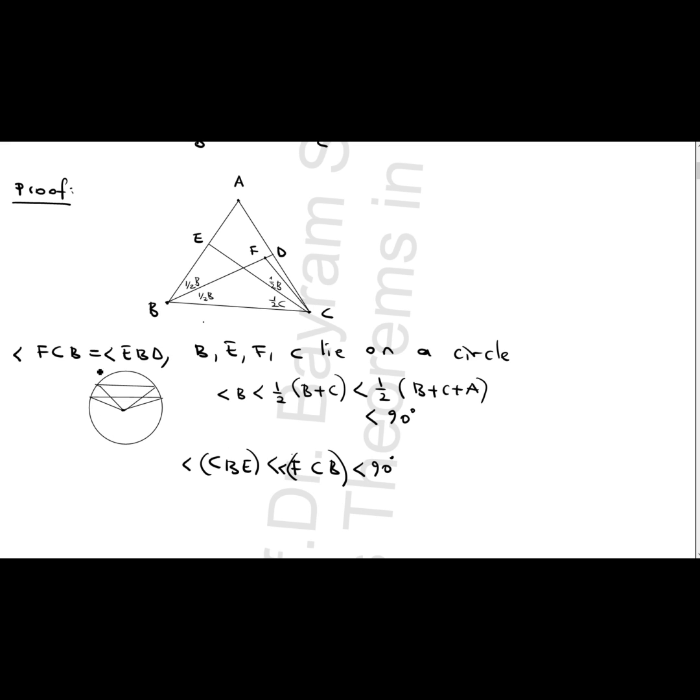Now, consider the observation here. If you look at this, CBE is the smaller angle, so it means EC is smaller than the chord for FCB, which is FB.